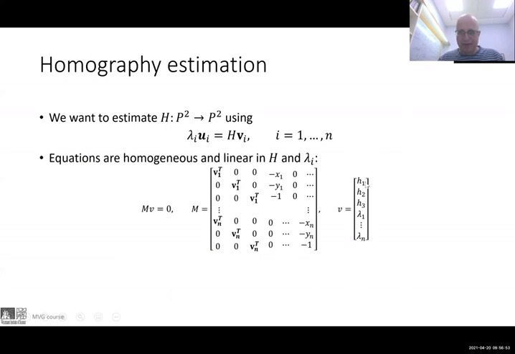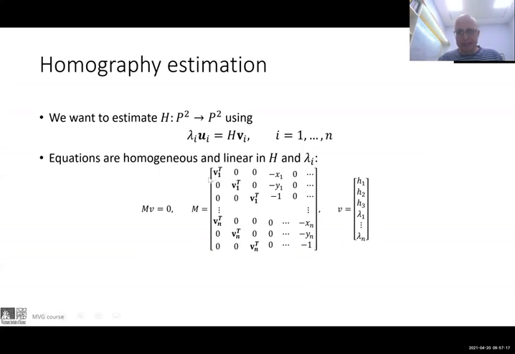The unknowns here are the columns of H, h1, h2, h3. So these are 9 entries of H, and lambda 1 to lambda n. So overall, n plus 9 unknowns.